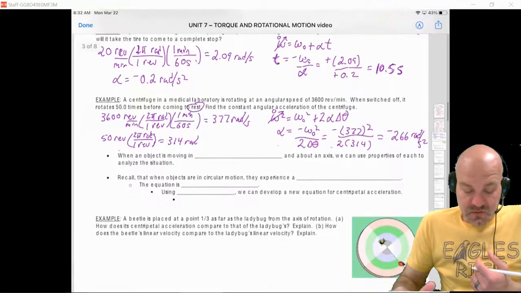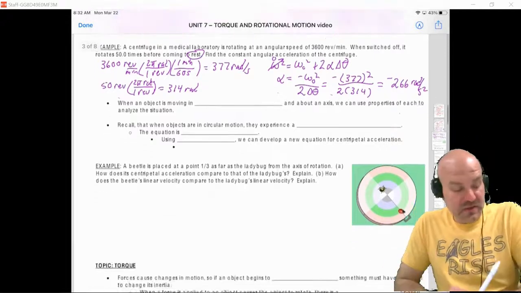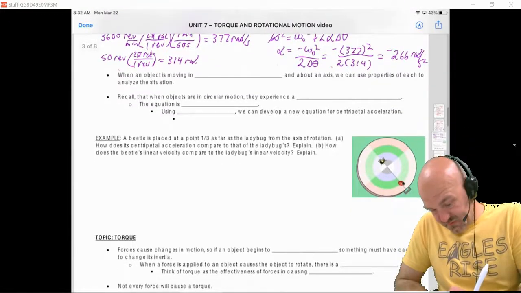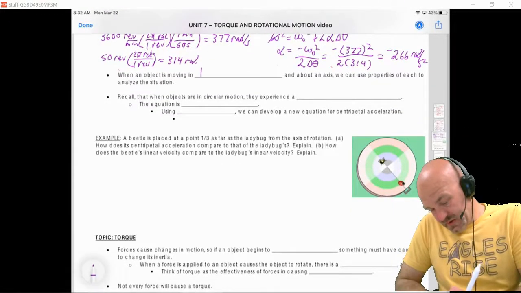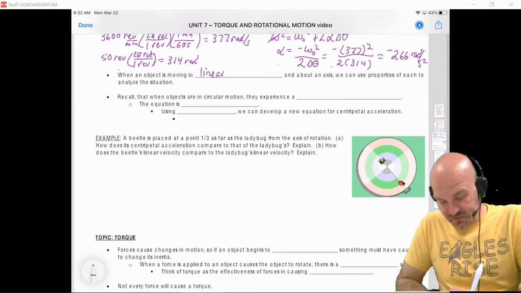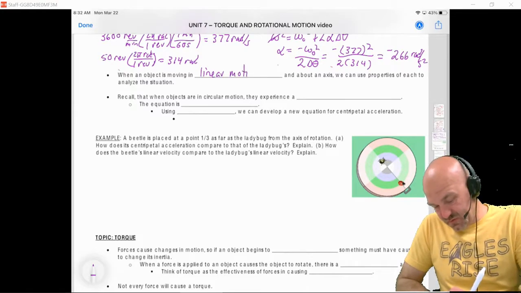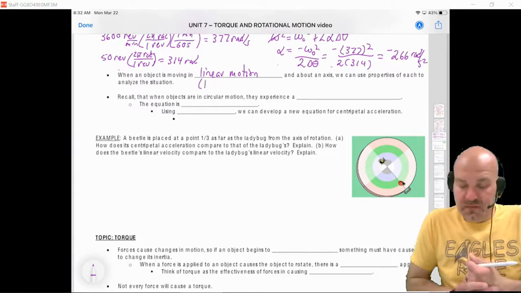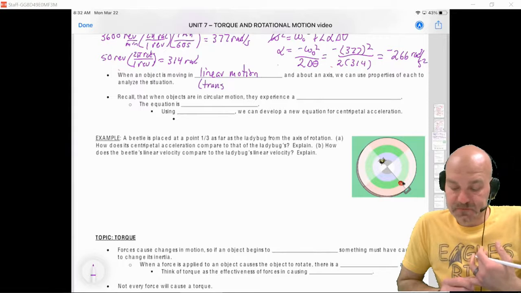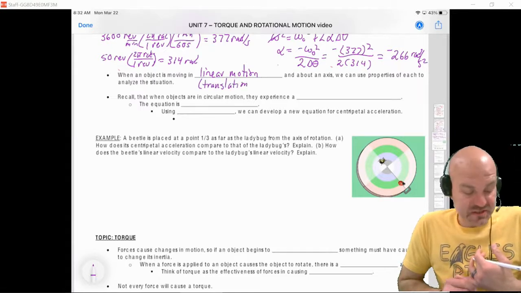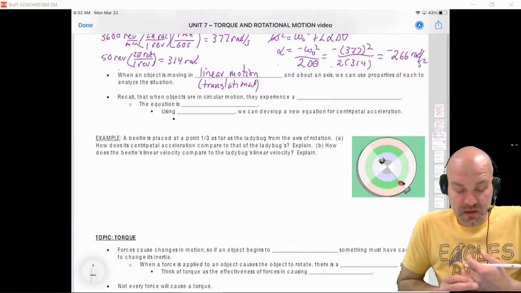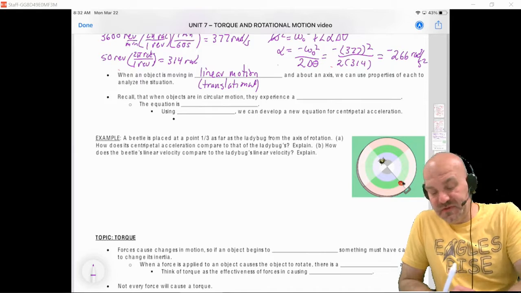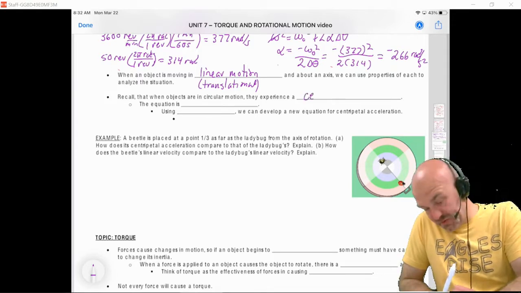All right, so now when an object is moving in linear motion, so when it's just going in a straight line, and sometimes we'll call this translational motion, about an axis, we can use properties of each to analyze the situation. Okay, recall that when objects are in circular motion, they experience a centripetal acceleration.